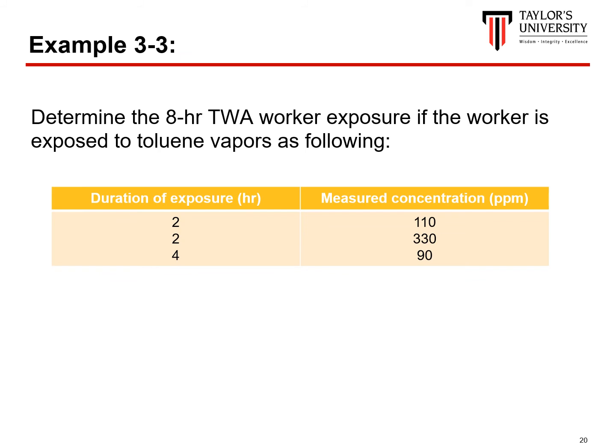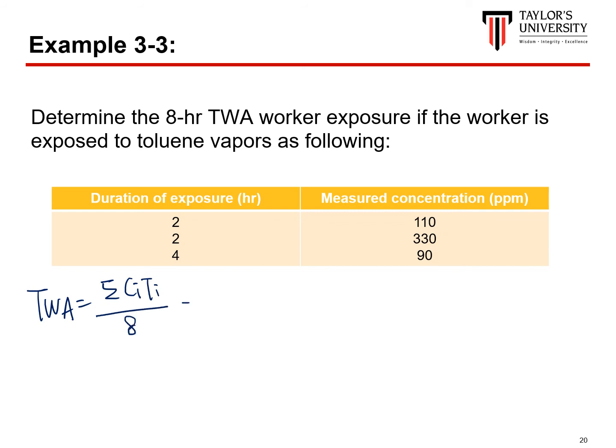So this is another example. To calculate the 8 hour TWA worker exposure if the worker is exposed to toluene vapor as follows. It's given the durations of exposures and the measured concentrations at different time intervals. So in this case, we will be using the TWA formula, that is the summation of Ci Ti over 8 hours.